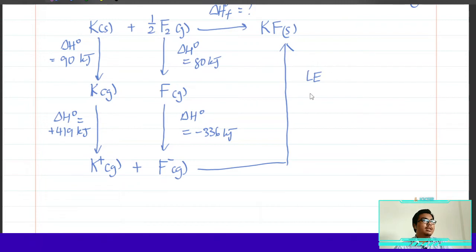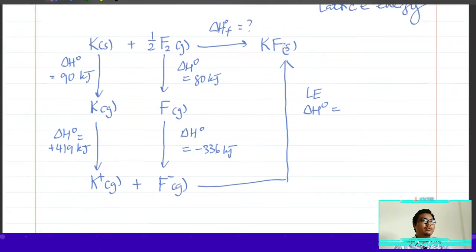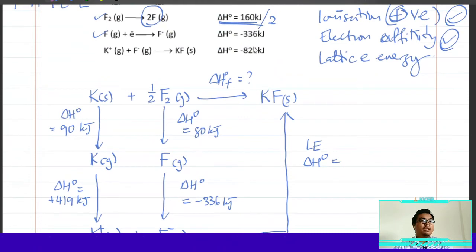So lattice energy lah, which it has the delta H value of, and kita refer kat sini K plus gas tambah F negatif gas forming KF solid, and dia punya nilai tu dah bagi dekat equation last kali kat sini, this one here, which is negative 821 kilojoule. Sekejap saya kecilkan sikit, saya kecilkan sikit ni.